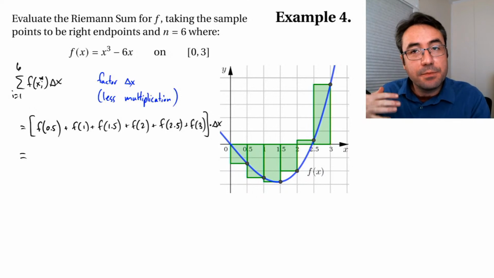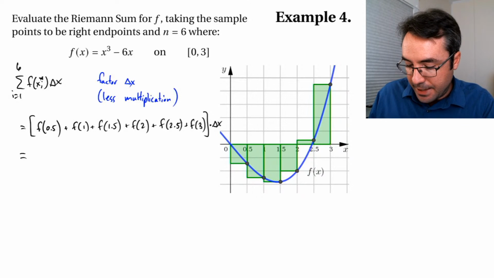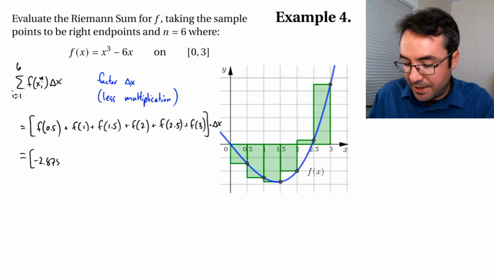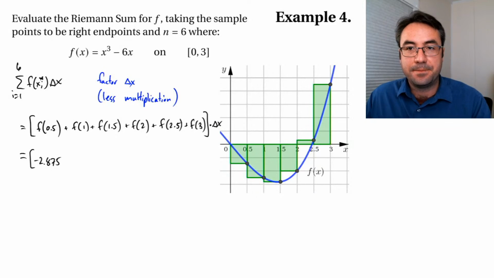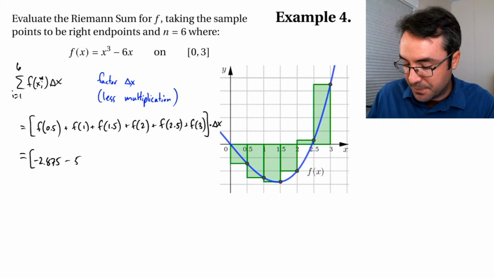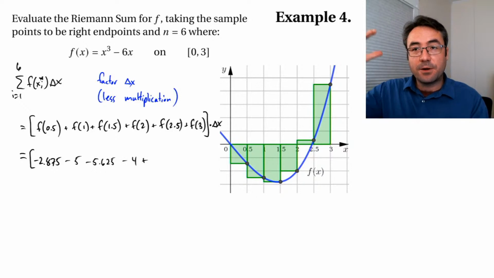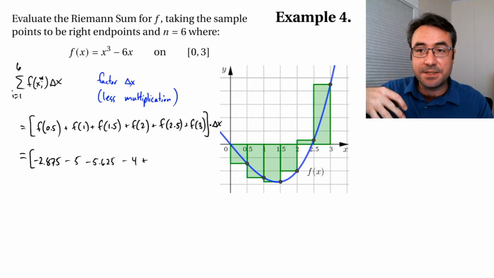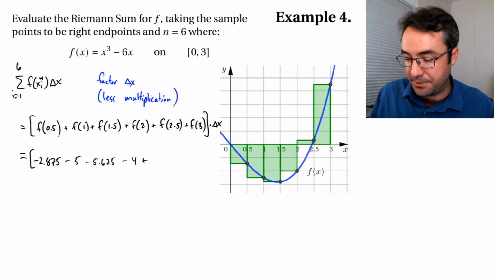And so then it just becomes number crunching. So take 0.5, plug it into the function, and what we end up with is negative 2.875. Take the second value, and what we end up with is negative 5, and then negative 5.625, and then negative 4. And once our rectangles go above the x-axis, that's where we start getting our positive values.